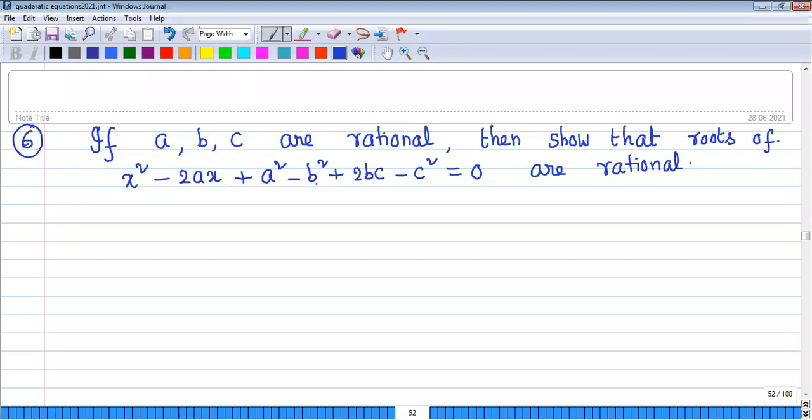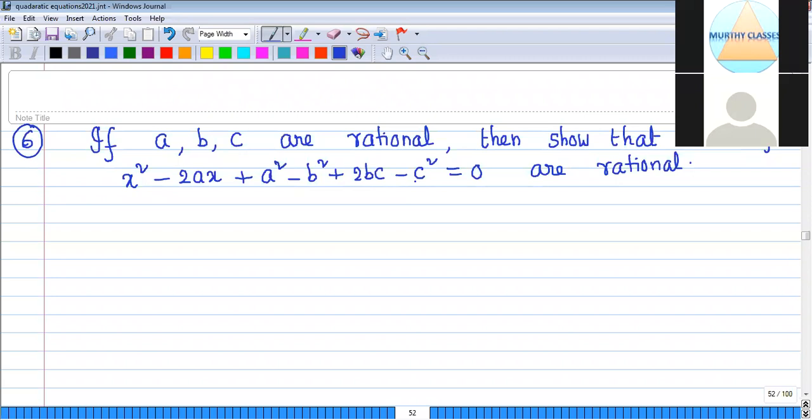C is a square minus b square plus 2bc minus c square. Find delta. If delta is a perfect square, simply we can say that they are rational. Understood now? Rational and distinct.